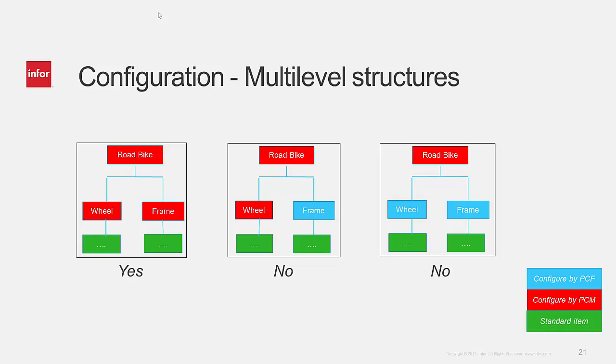An important note to make is that when you use PCM for doing configuration of item, BOM and routing, in case of multi-level configurable item structures, it is the user's responsibility to ensure that at the moment of configuration of the top level as well as linked lower level configurable items, the same configurator tool is being utilized.